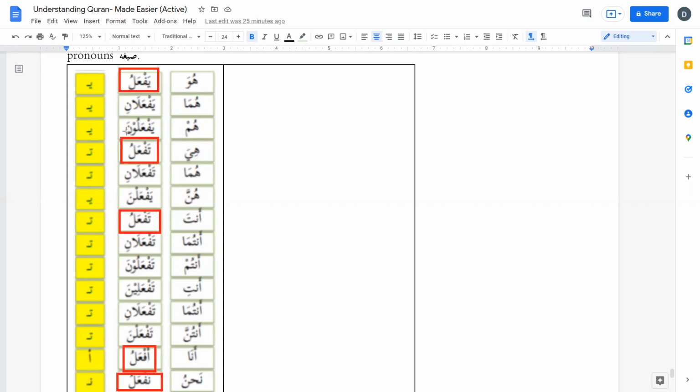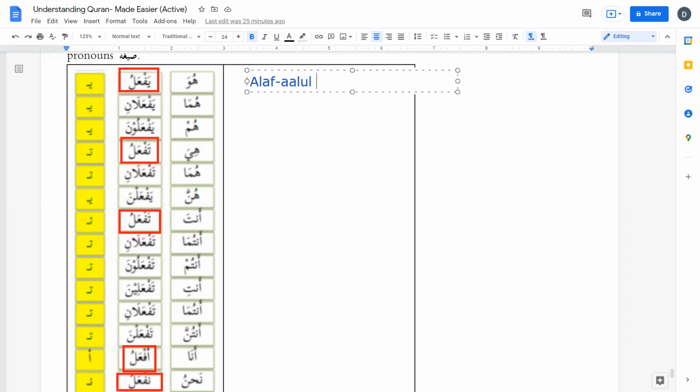So these five are called a group that ends in dhamma. This group is called, let me write here, af'alul arba'a.